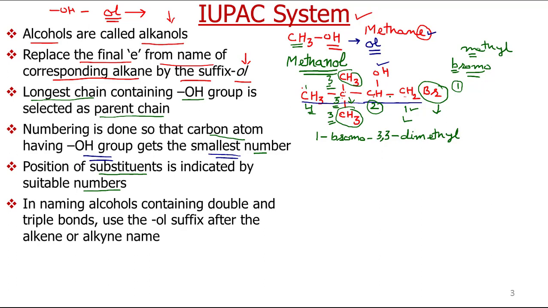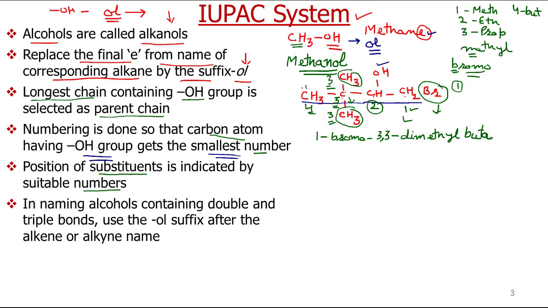Methane is for the carbon chain which contains only 1 carbon. So for 1 carbon it is methane, for 2 it is ethane, for 3 it is propane, and for 4 it is butane.